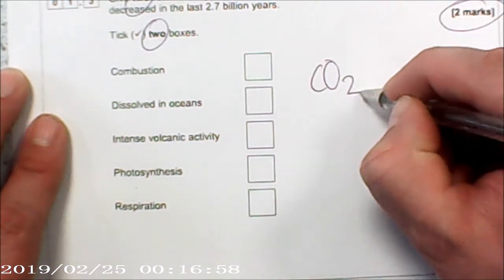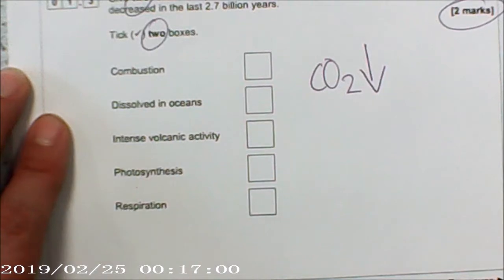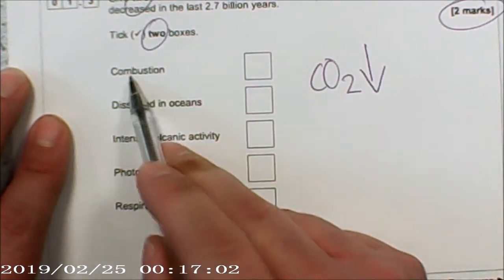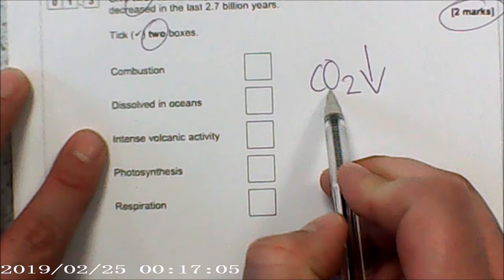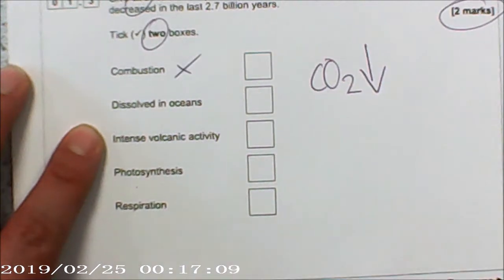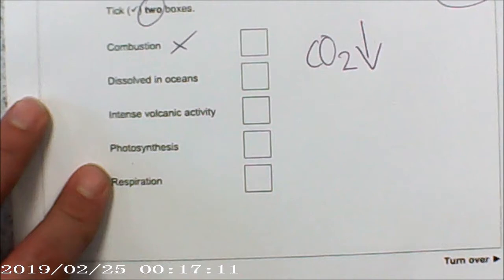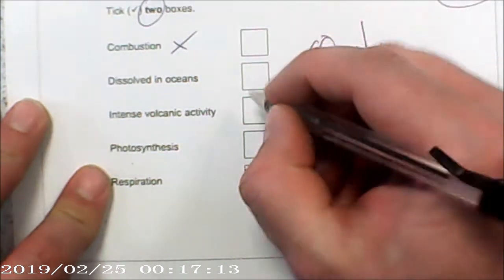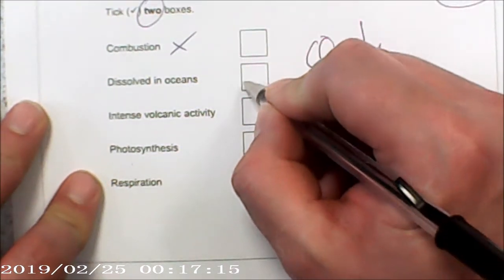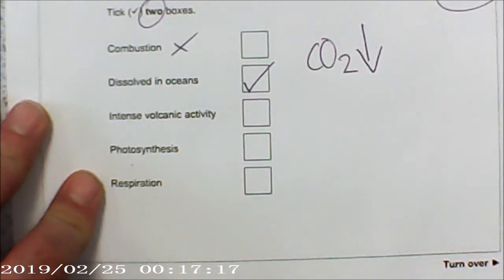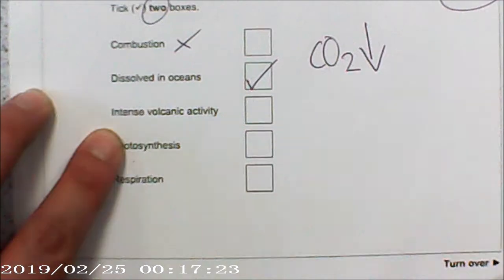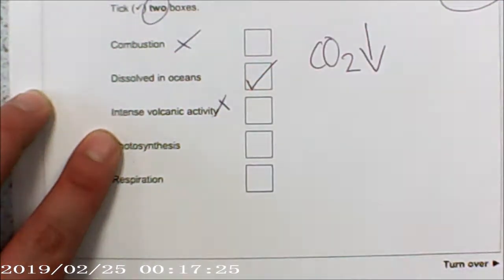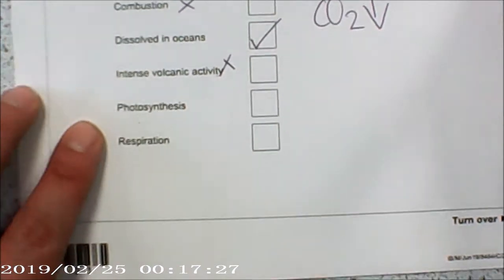So what would cause carbon dioxide to go down? So combustion, that's burning things, and that produces carbon dioxide. So it's definitely not going to be that. Dissolved in the oceans. So that is one of the ones we learnt about, that a lot of carbon dioxide dissolves in the oceans. Intense volcanic activity, that will produce carbon dioxide. So again, that one is producing carbon dioxide, so it's not that.